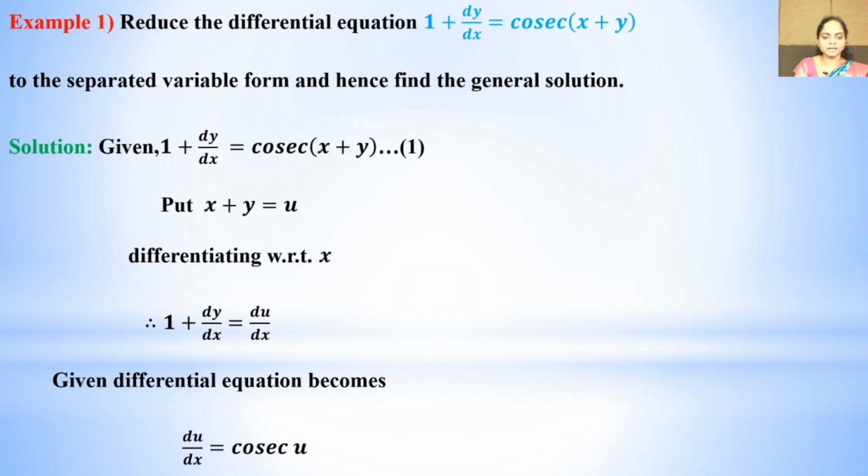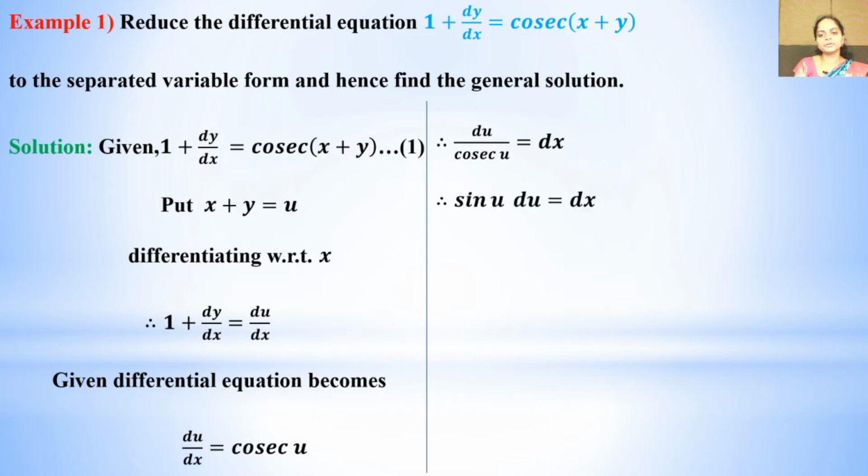Now, we take the terms of u on the LHS and terms of x on the RHS. So, we get du divided by cosec u is equal to dx. We know that 1 upon cosec x is equal to sin x. So, 1 upon cosec u is equal to sin u. Therefore, sin u into du is equal to dx. This is our variable separable form.